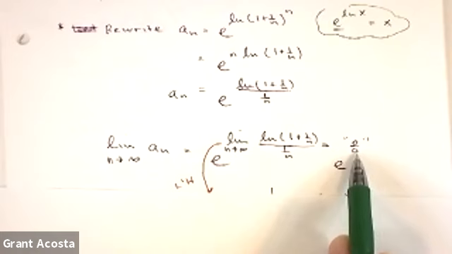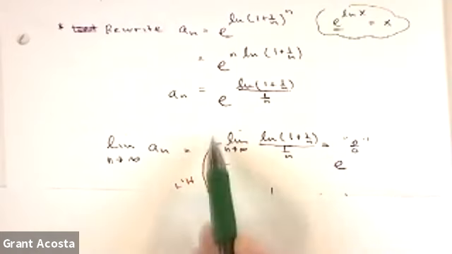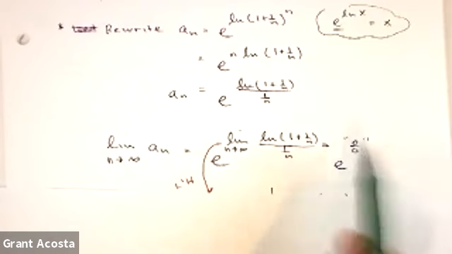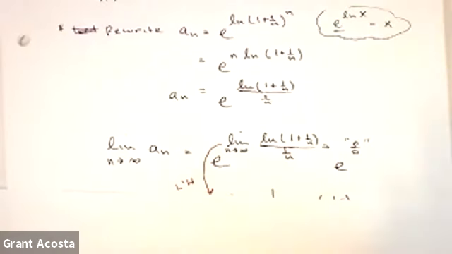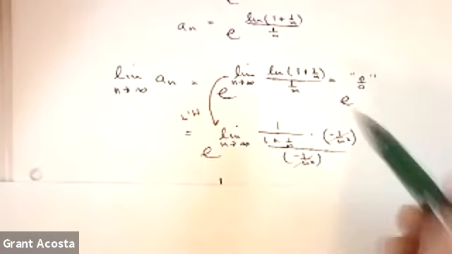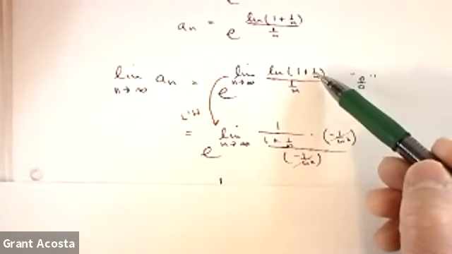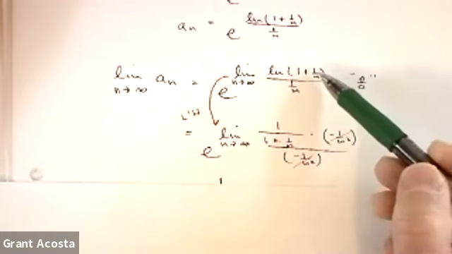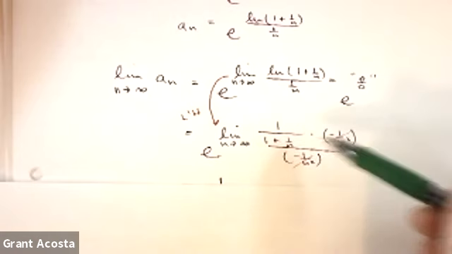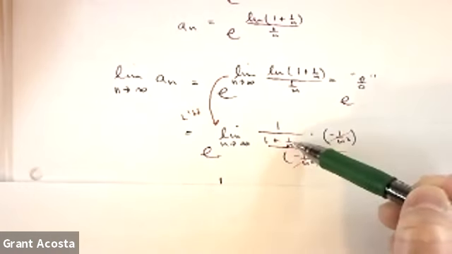So in the exponent here, we have a 0 over 0 limit, which now means we can use L'Hopital's rule. And so we take the derivative of the top, which the derivative of ln of stuff is 1 over the stuff times the derivative of the stuff.